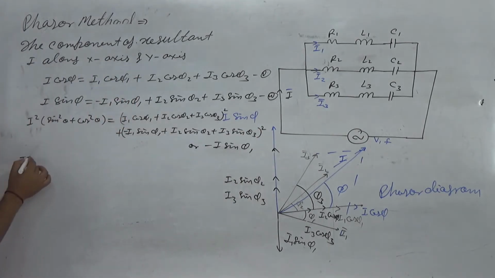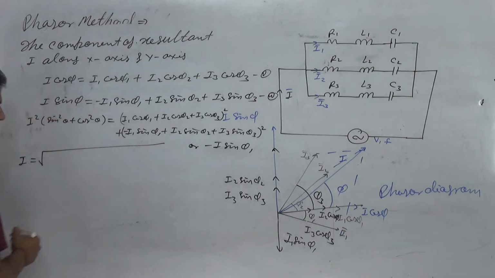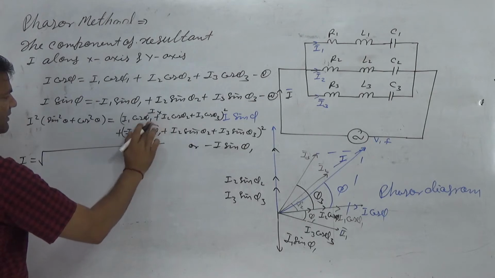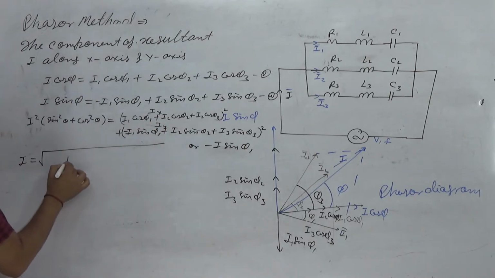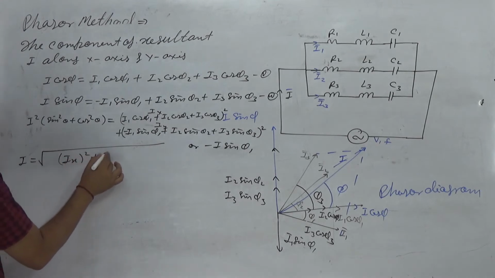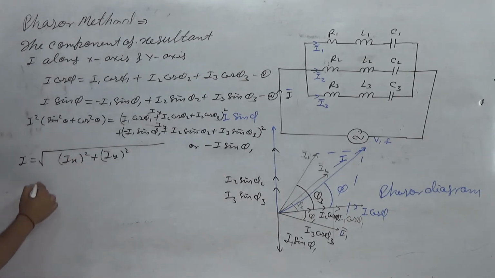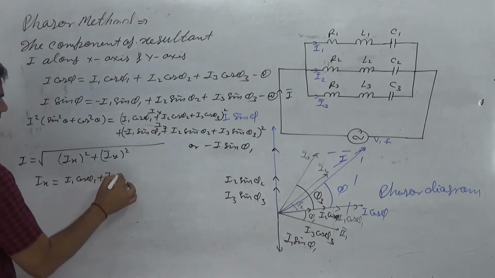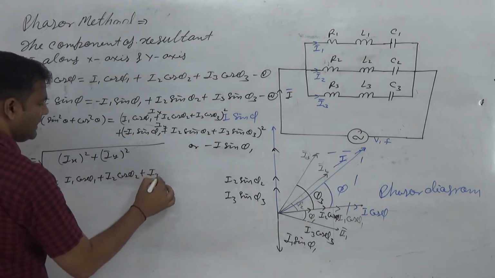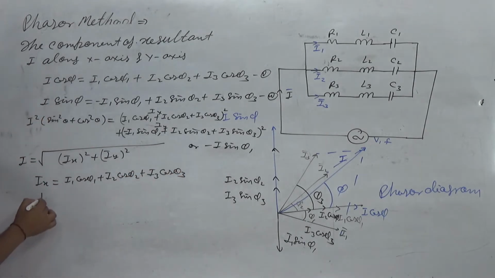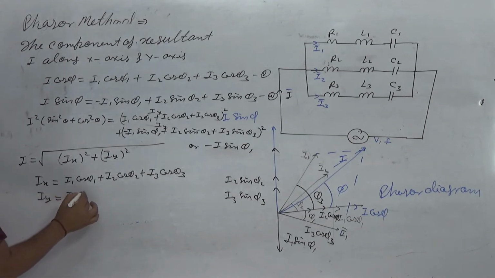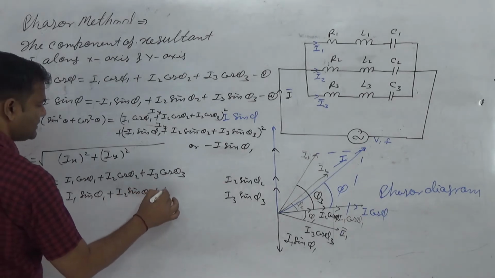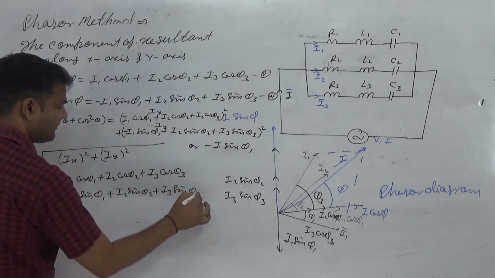So I is the square root of capital IX squared plus capital IY squared, where IX is I1 cos phi 1 plus I2 cos phi 2 plus I3 cos phi 3, and IY is I1 sin phi 1 plus I2 sin phi 2 plus I3 sin phi 3.